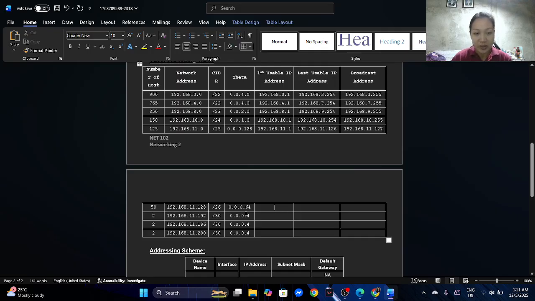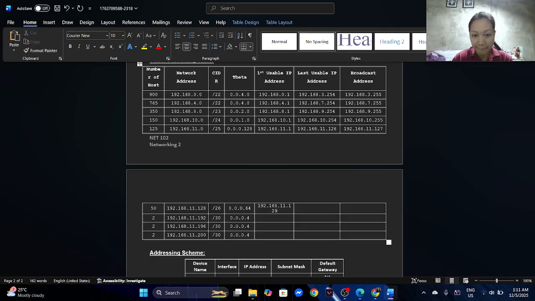For host 50, the first usable address is 192.168.11.129.